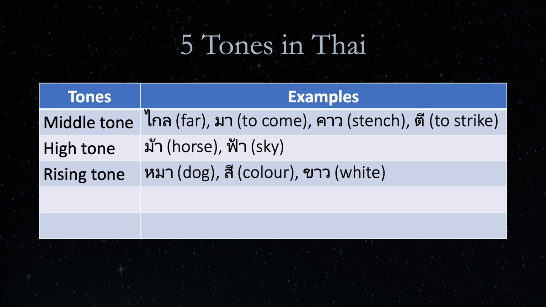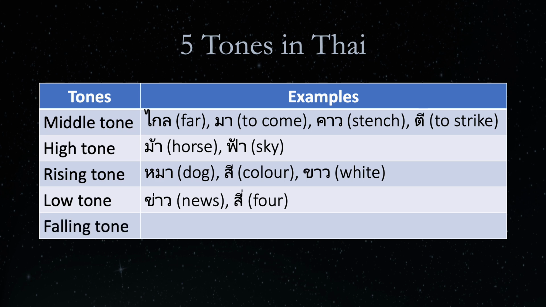We had 2 examples in the low tone: khao meaning news and si meaning the number 4. The examples in the falling tone are glai meaning near and khao meaning rice or food in general.